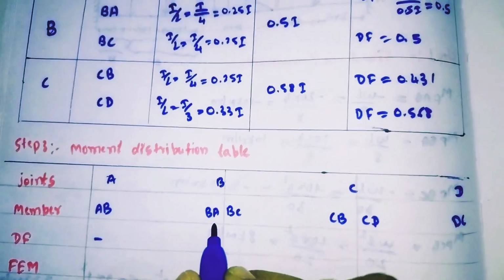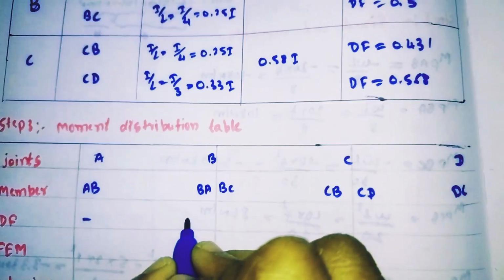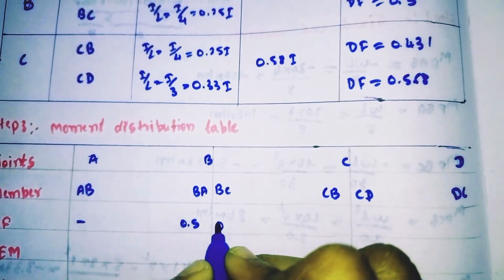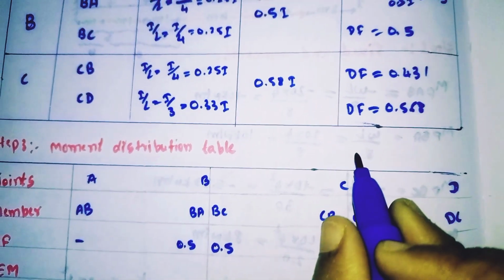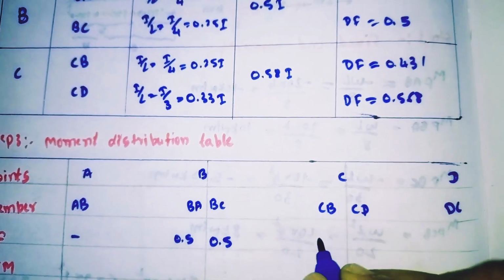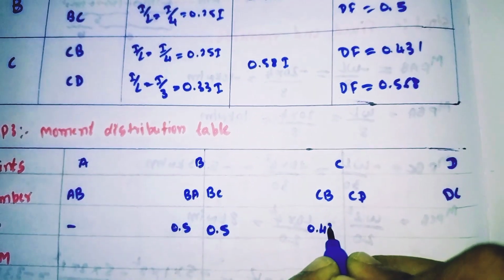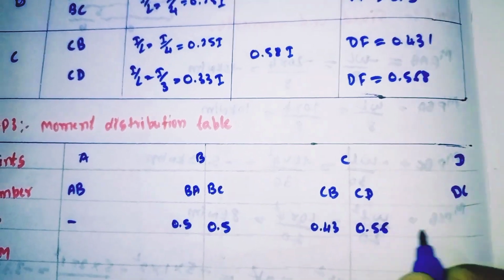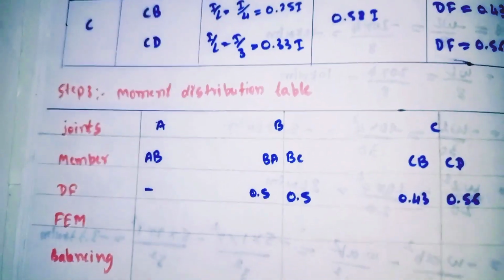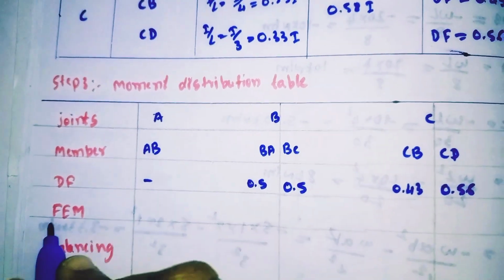For BA our value is 0.5. For BC also 0.5. For CB 0.43. For CD 0.56. DC we don't have. So now put in the fixed end moment values.